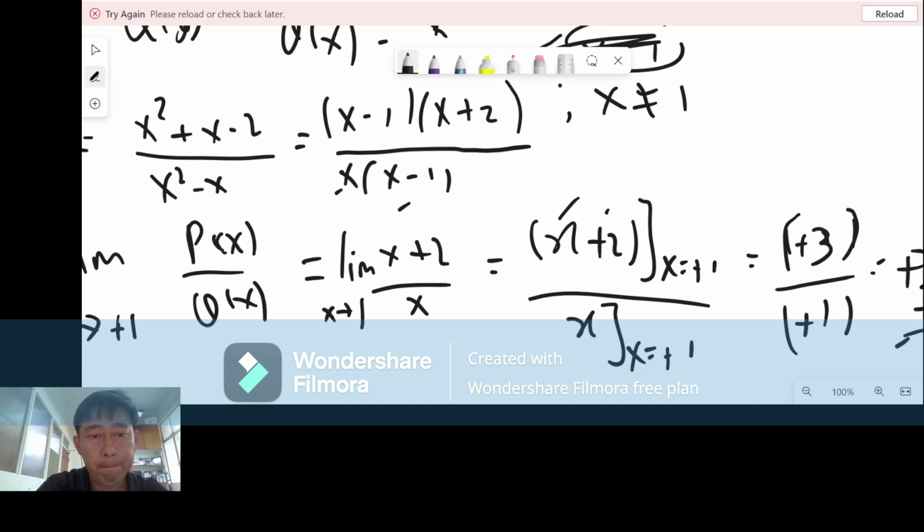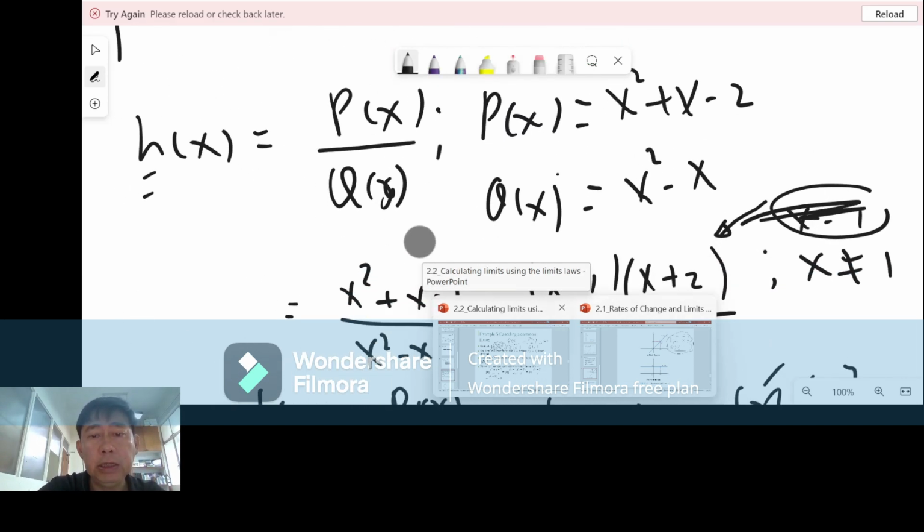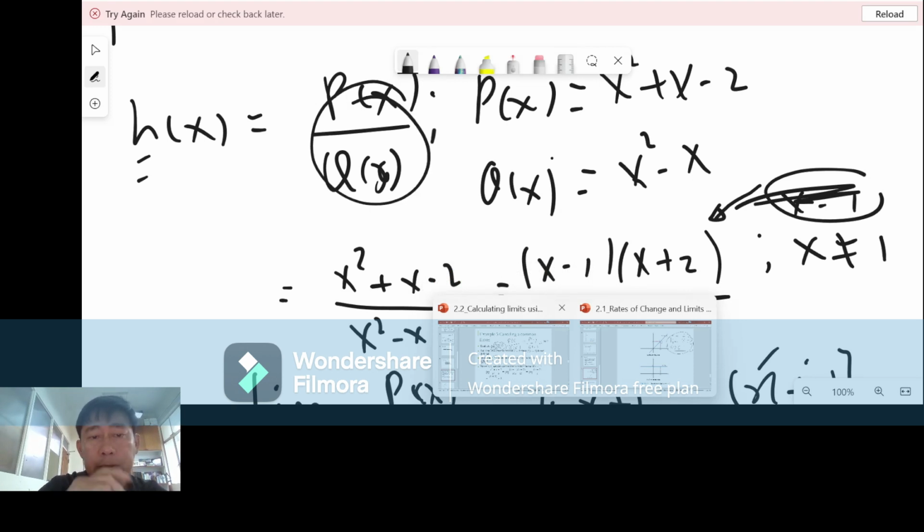So you would not apply the substitution of x equals 1 straightforwardly into the expression of p over q in the beginning, right?